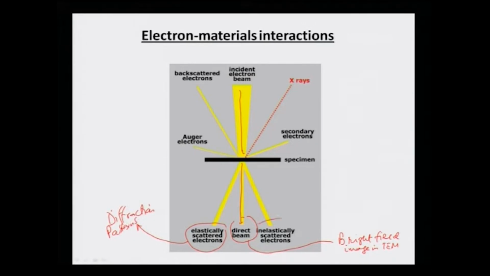Inelastically scattered electrons are normally used in electron energy loss spectroscopy, and the electrons which backscatter, as well as secondary electrons, as I said, can be used in the scanning electron microscope. X-rays can be used in both the TEM and the SEM for energy dispersive spectroscopic analysis to get composition analysis in the sample. So, that is in a nutshell what is basically used.